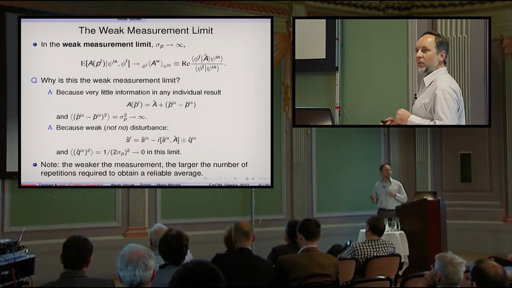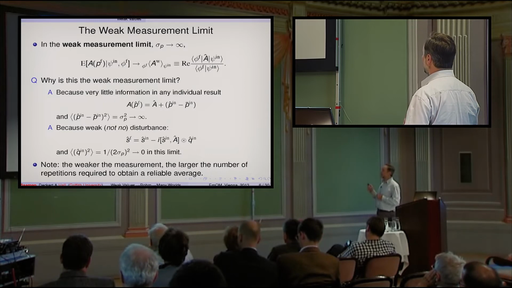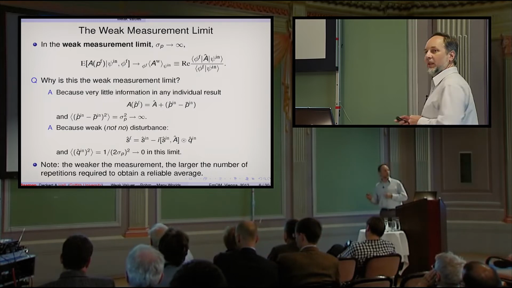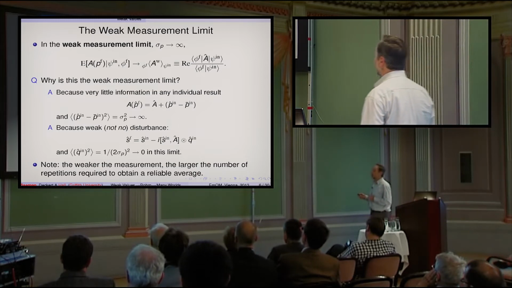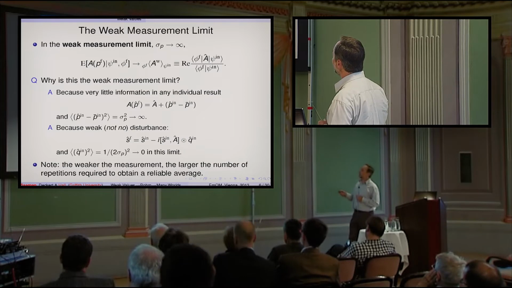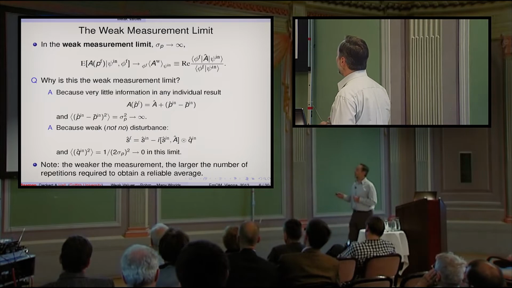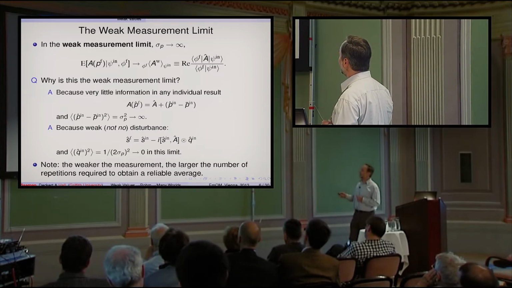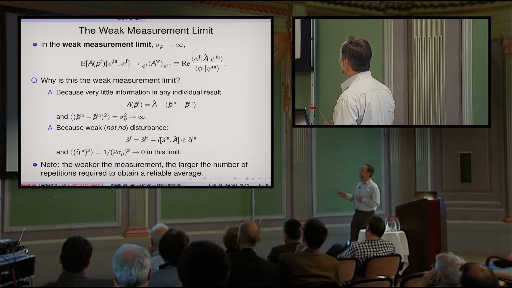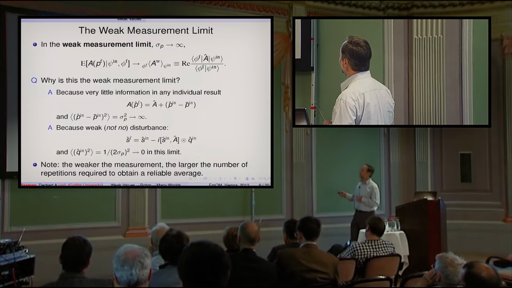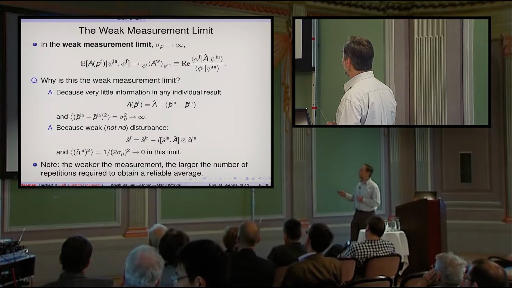Okay, but why is this the weak measurement limit? I just called it the weak measurement limit, and I called this thing a weak value, which is what they called it. But why is this the weak measurement limit? Well, there are two ways of understanding, and they're both necessary. First, it's weak in the sense that you get very little information in any measurement that you make, and we can see that by looking at the operator for this estimate of A. The operator is the actual observable A plus this term, which is the difference between the initial momentum of the probe and its mean value.